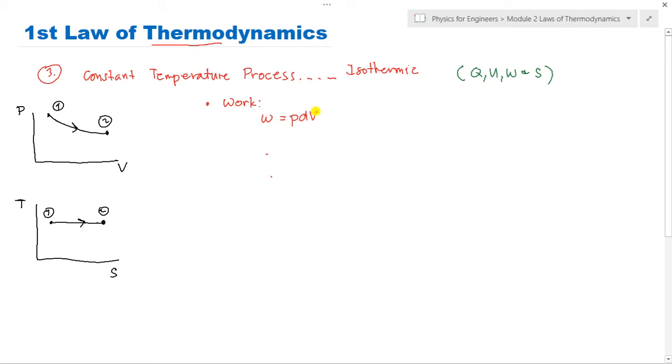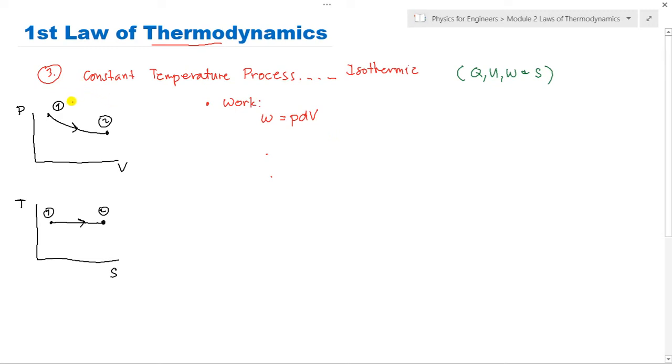And here, isothermal. You can have this, but we need to express it as another expression in terms of P1 and V1.